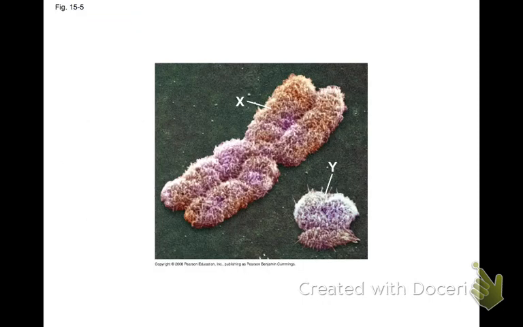Okay, so this is your X chromosome. And remember, these are two sister chromatids, okay? So this is one X chromosome, this is another X chromosome. This is one Y chromosome, and this is another Y chromosome, the sister chromatids of it.